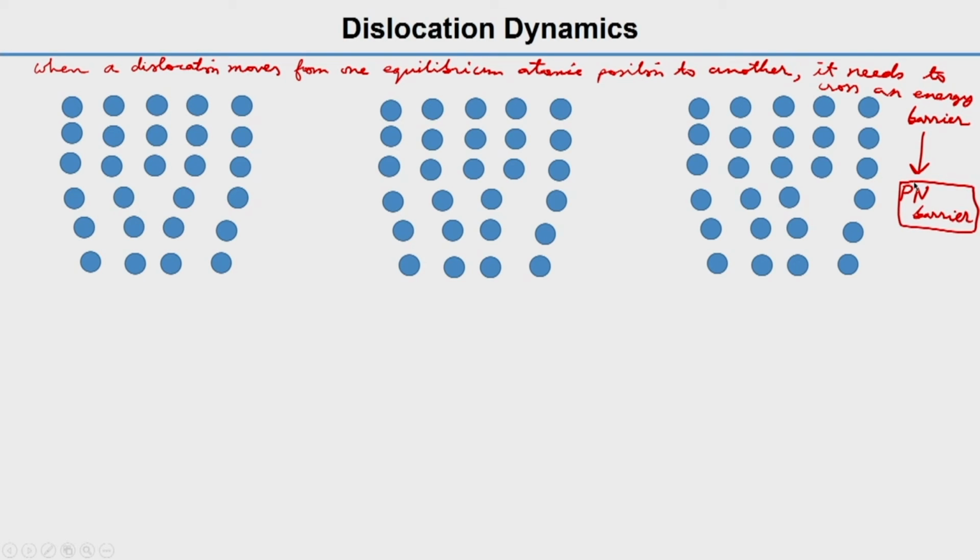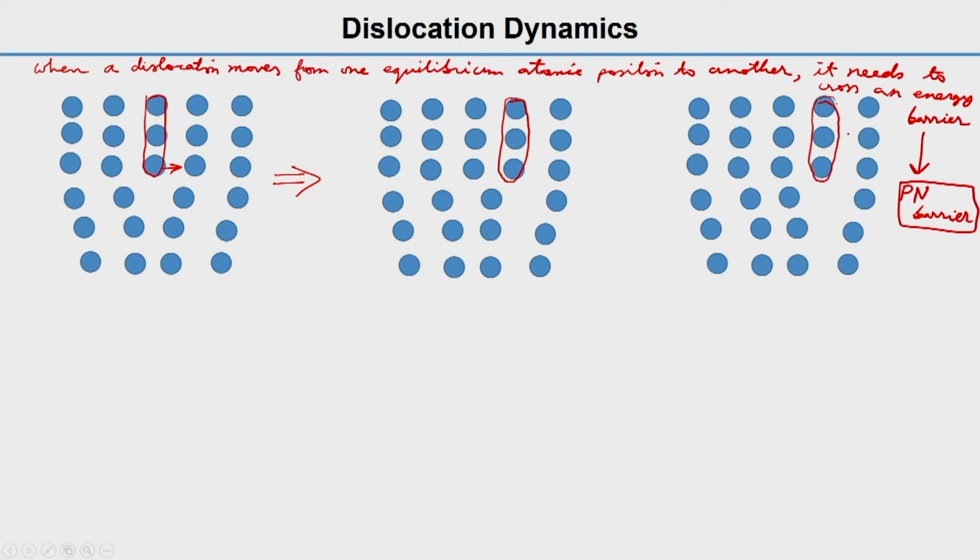So what is happening here is, let's say this is the extra half plane in this case, and then after some time, dislocation wants to move towards the right. So after some time the extra half plane will move to this distance. But if you see the configuration, it is not totally shifted to this position.